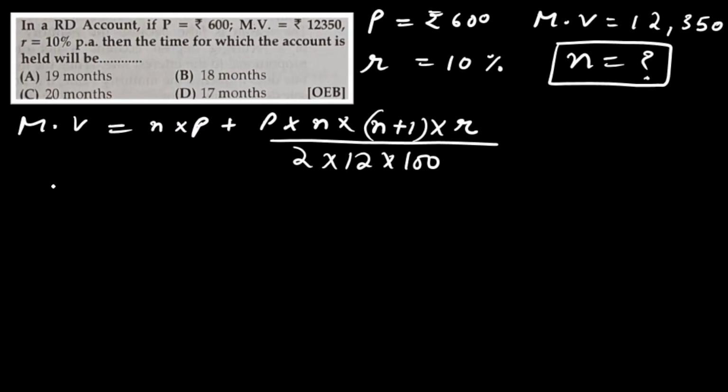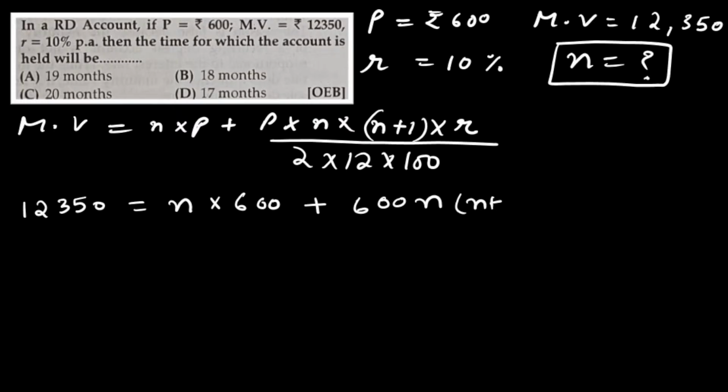So maturity value is given to us as 12,350. I'm just going to substitute its value, 12,350. N we have to find. P is given to us as 600. So N into 600, N I'm just writing as it is. N only. So N into 600 plus P's value, 600, into N into N plus 1.